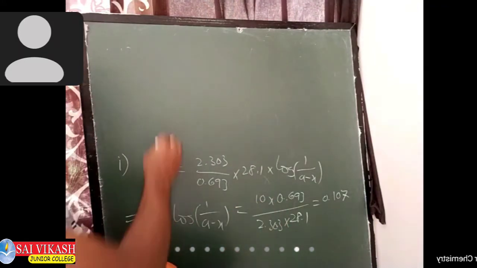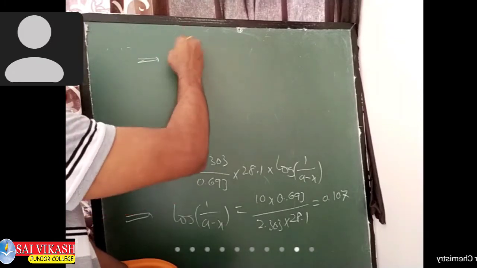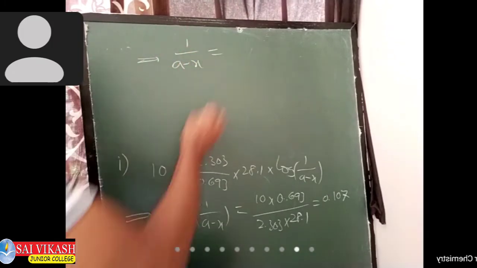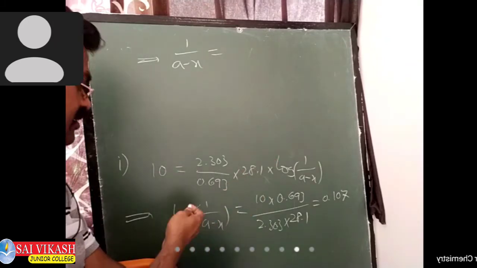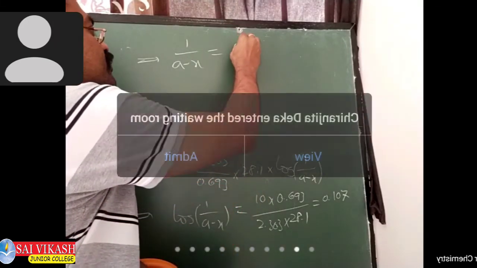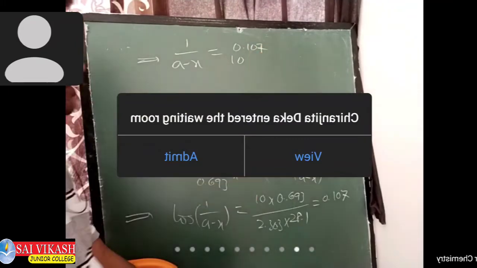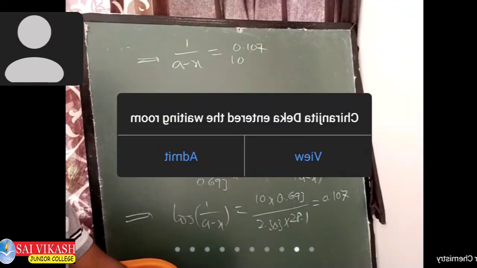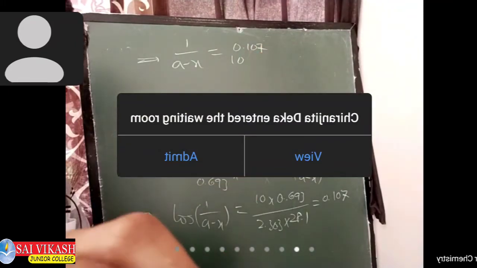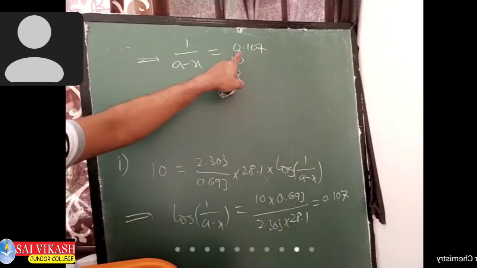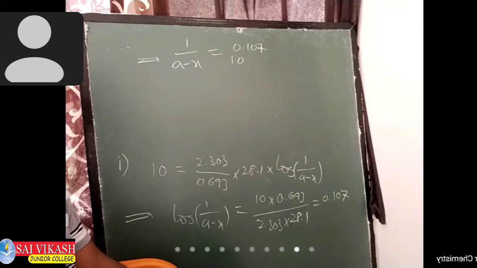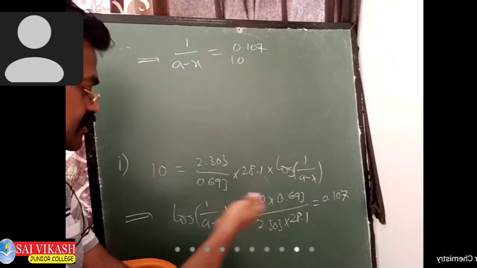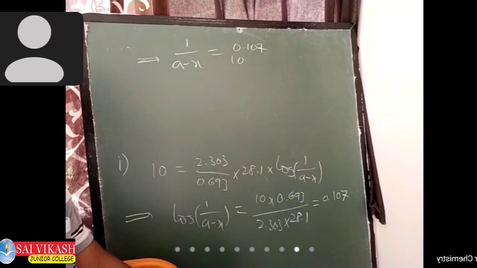So what will the 1 by a minus x value be? Antilog of, right? Antilog of. So 10 power of 0.107. Look at the antilog of 0.107. How much is this value? The antilog will be 10 power of 0.107. How much?